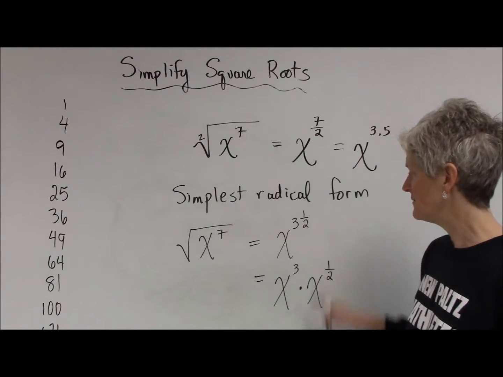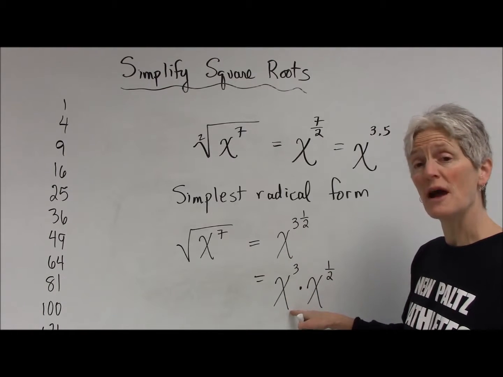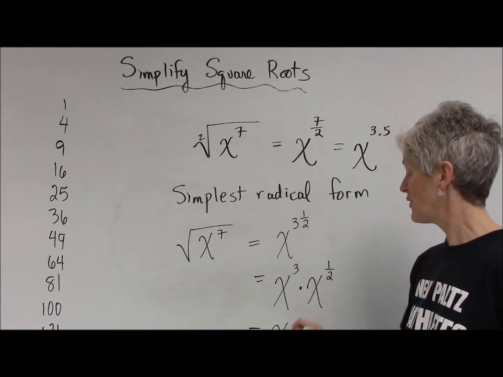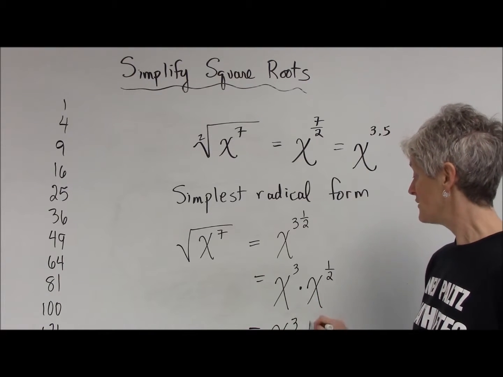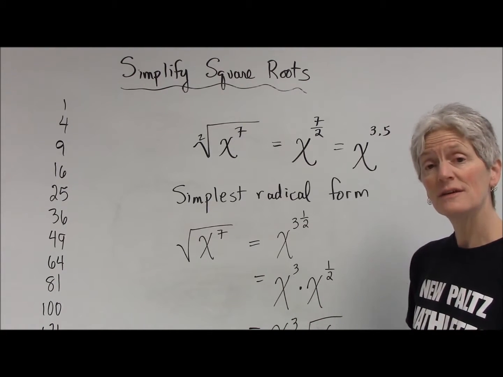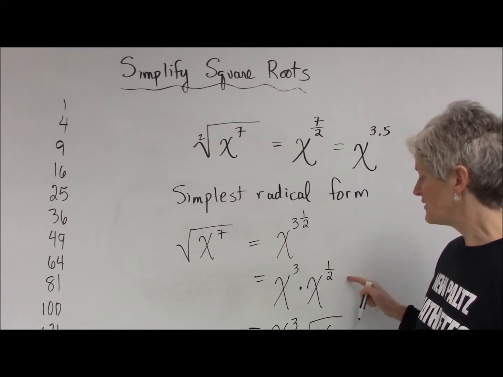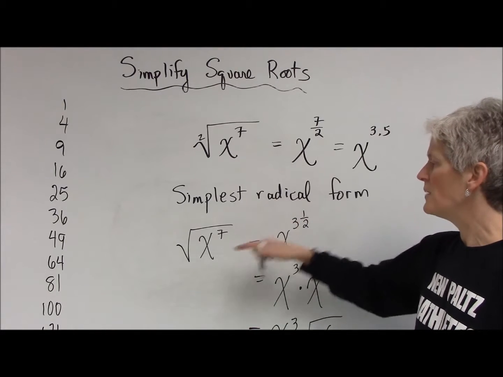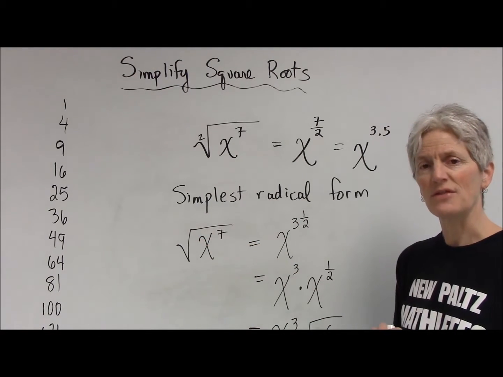Are you with me here? Right? Just going backwards with our power of exponents. Oh, well, isn't that x to the 3rd times the square root of x? Yes, it is. This would be considered the simplest radical form of the square root of x to the 7th.